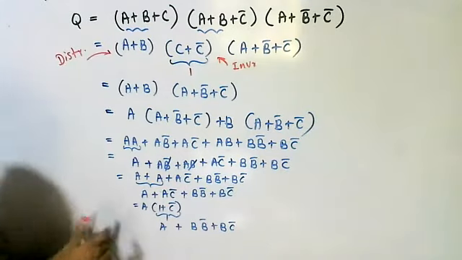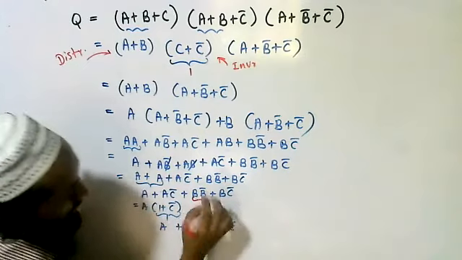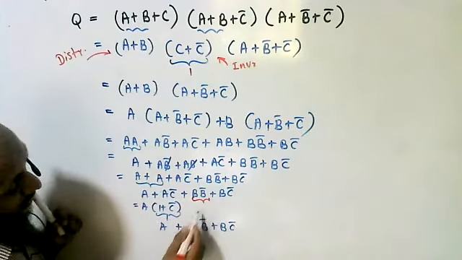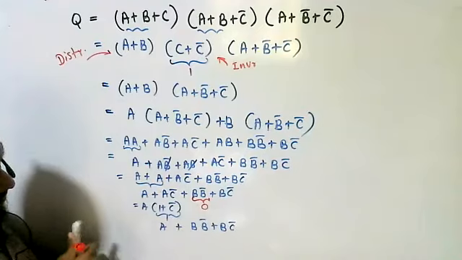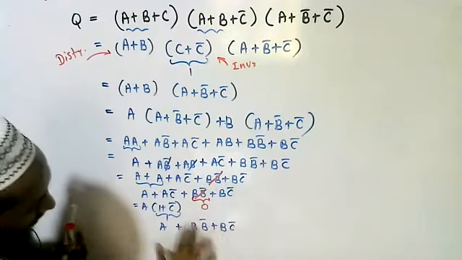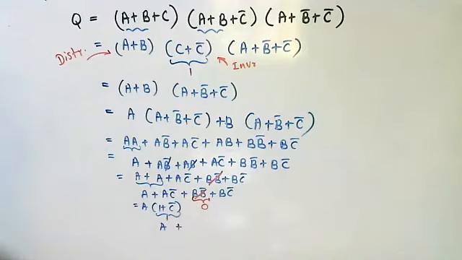All right. So BB bar, I forgot to simplify here. BB bar is equal to 0, so here we can cut it. No need to take it further.